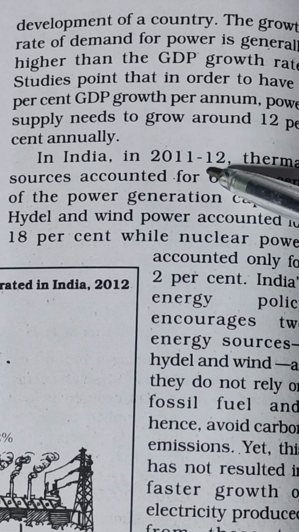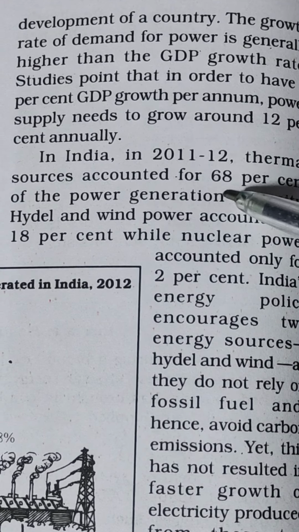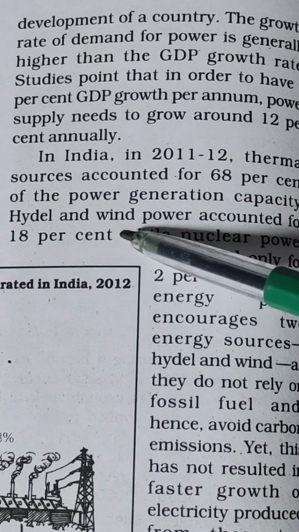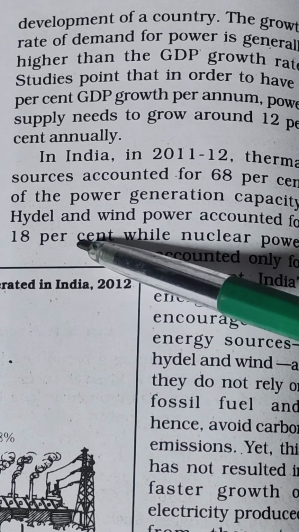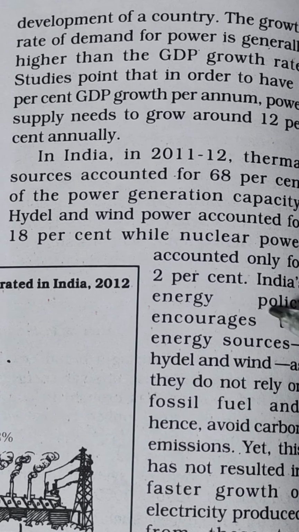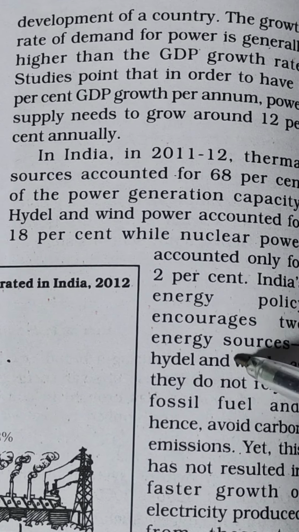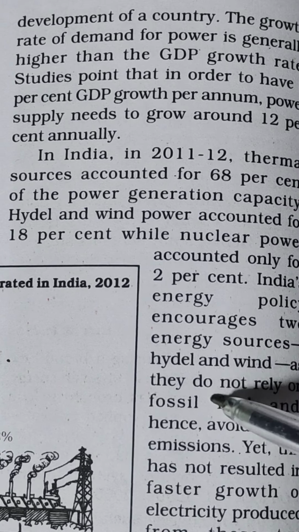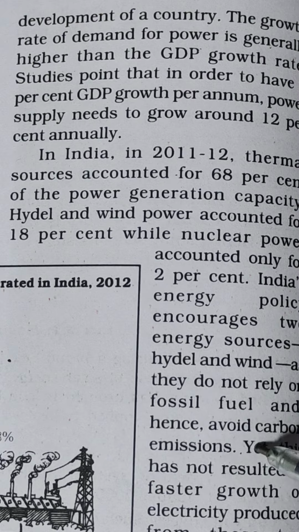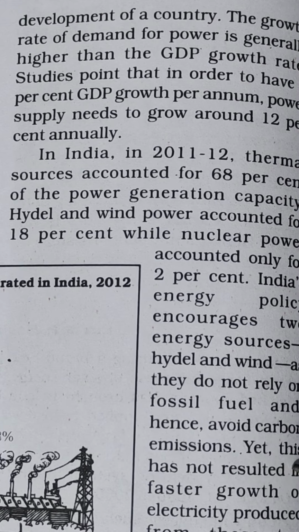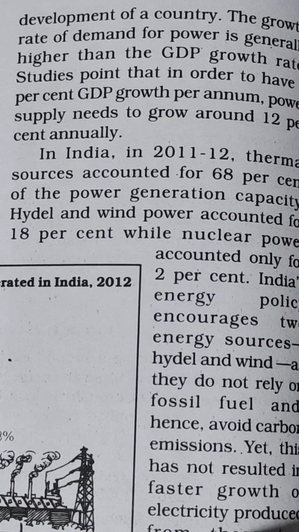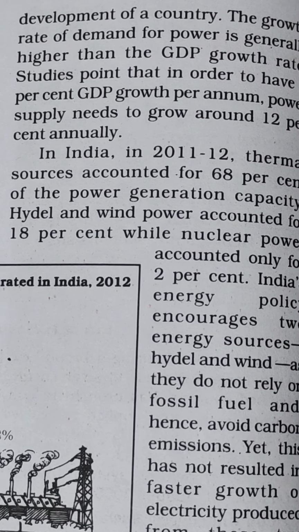In 2011-12, thermal sources accounted for 68% of the power generation capacity. Hydel and wind power accounted for 18%, while nuclear power accounted only for 2%. India's energy policy encourages two energy sources, hydel and wind, as they do not rely on fossil fuel and hence avoid carbon emissions. Yet, this has not resulted in faster growth of electricity produced from these two sources.